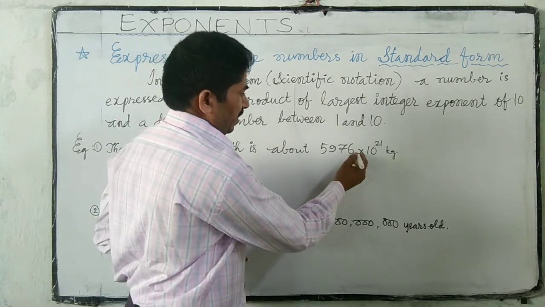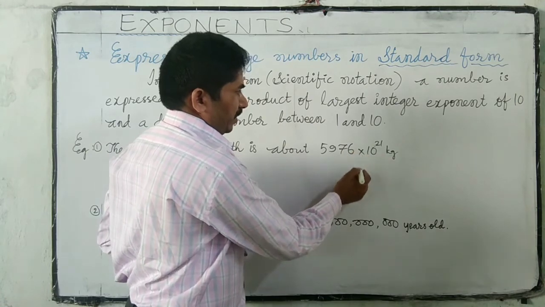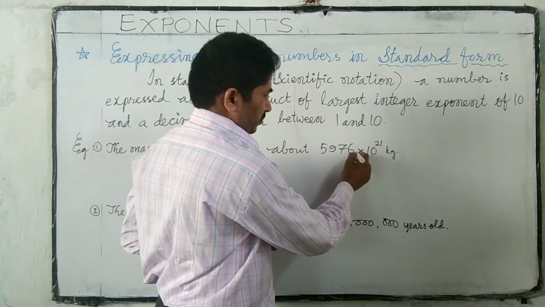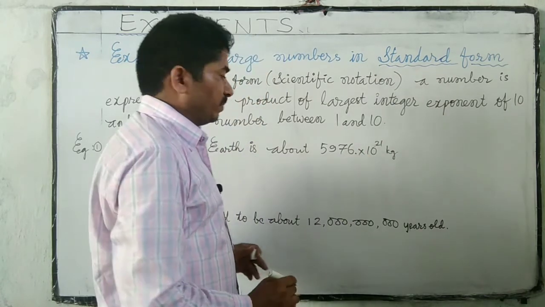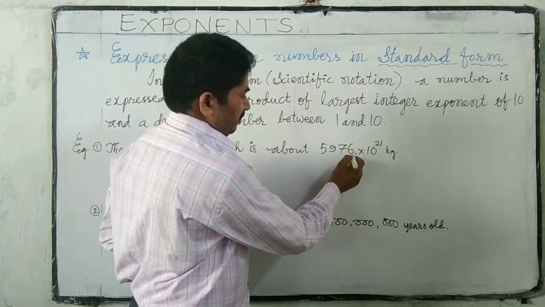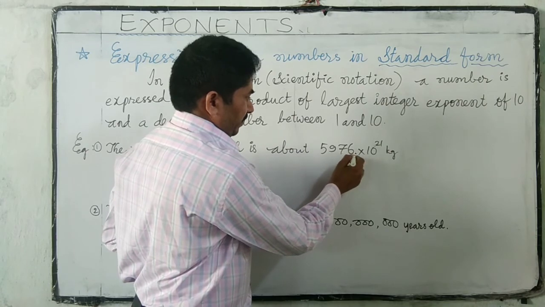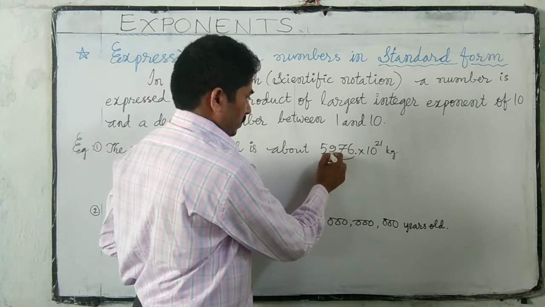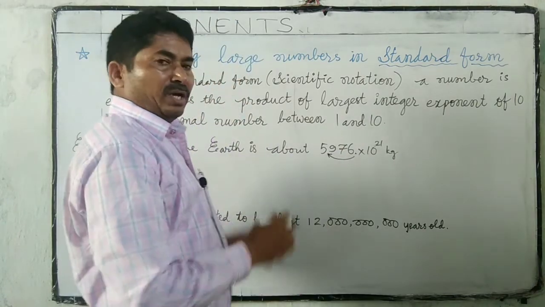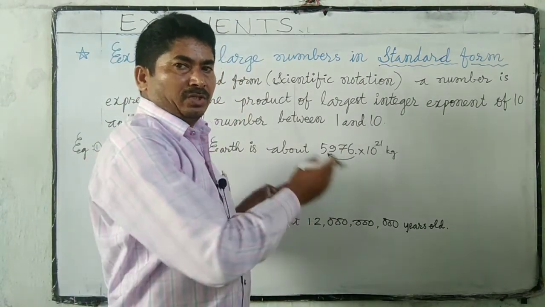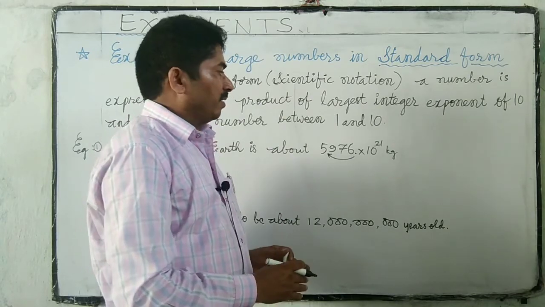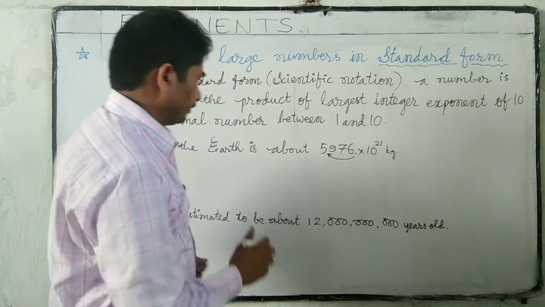A whole number or integral part is to the left of the decimal point. So here we have the decimal point. That's why we have to shift 3 places to the left: 1, 2, 3. To shift the decimal point by 3 places, we have to multiply the number by 1000.